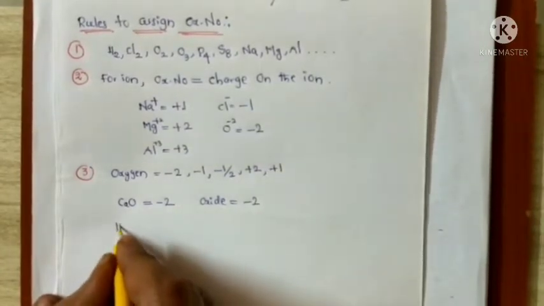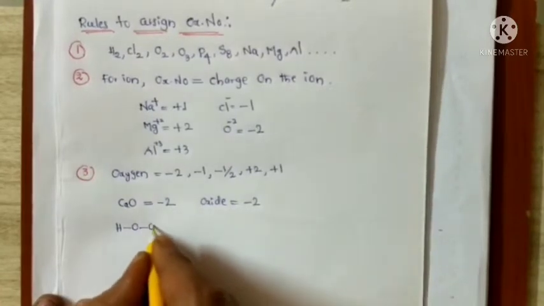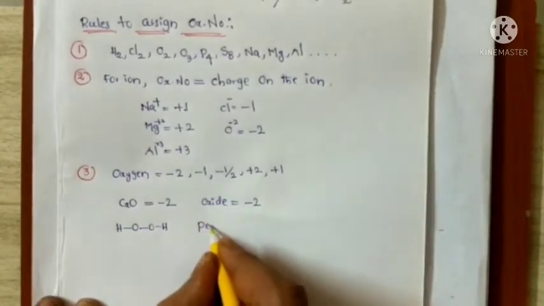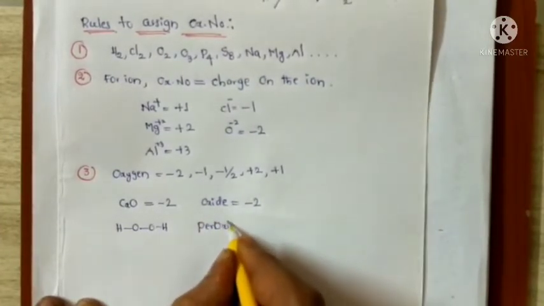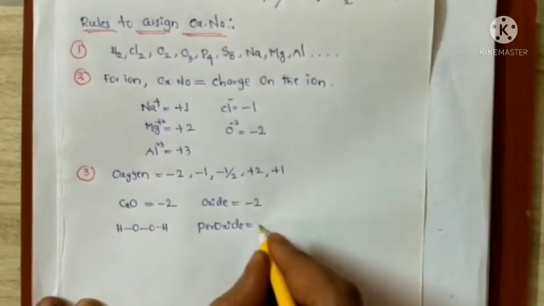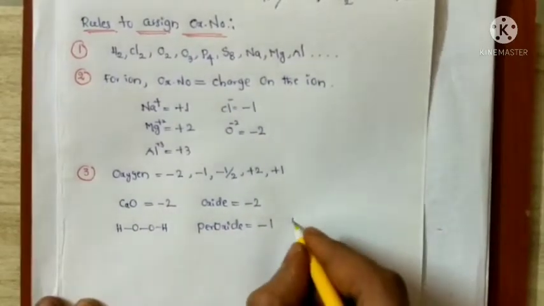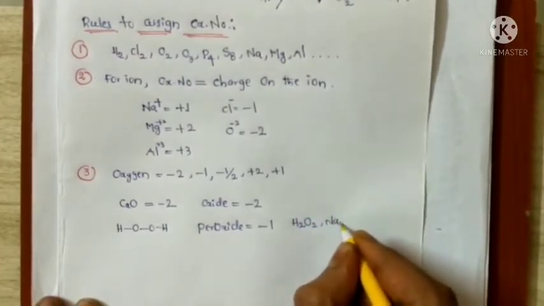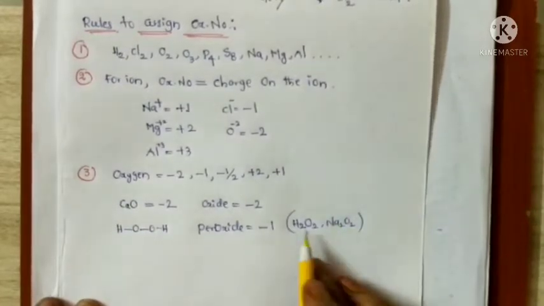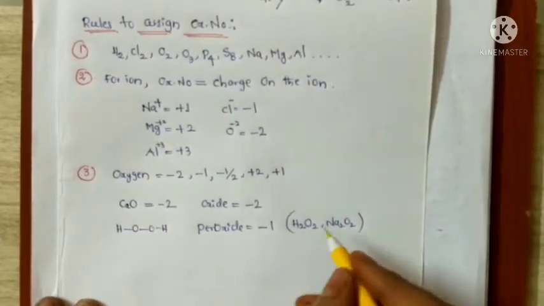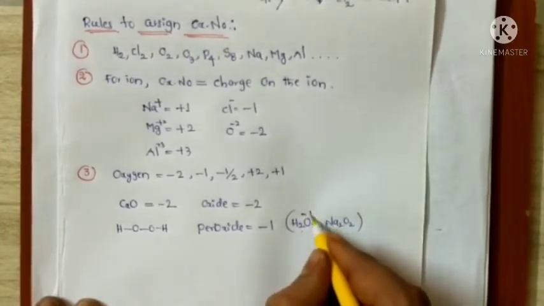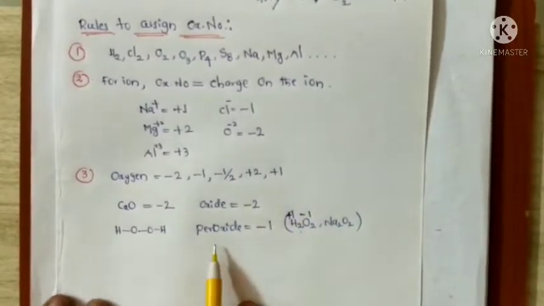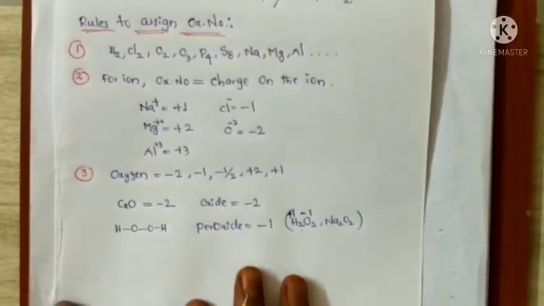But in peroxide, H2O2 is nothing but a peroxide. In the peroxide, oxygen exhibits the -1 oxidation state. The molecular formula is H2O2 or Na2O2. In these compounds, the oxygen oxidation state is always -1, with +1 for hydrogen.